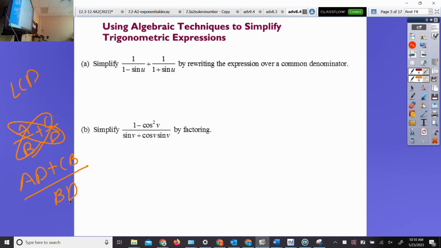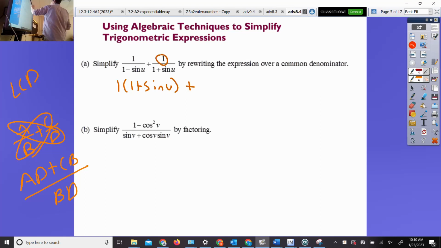So I'm looking at 1 over 1 minus sine of u. What am I giving the 1? 1 plus sine. Is that kind of the same thing as sine theta, they're just replacing theta with something else? Yeah, it's letter u this time. So I give 1 a 1 plus the sine of u.